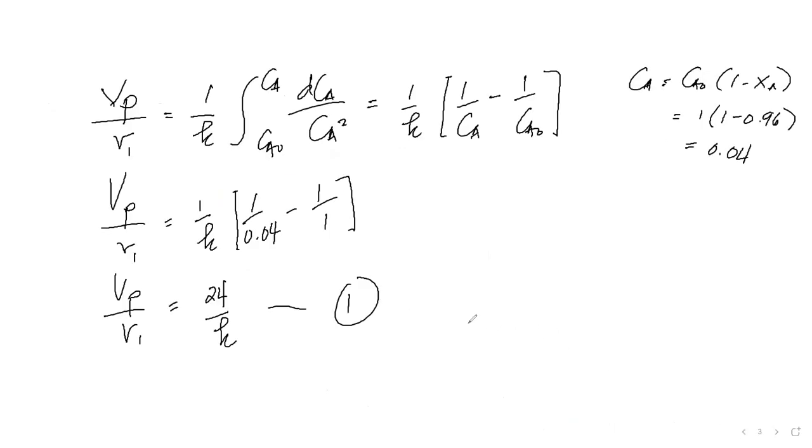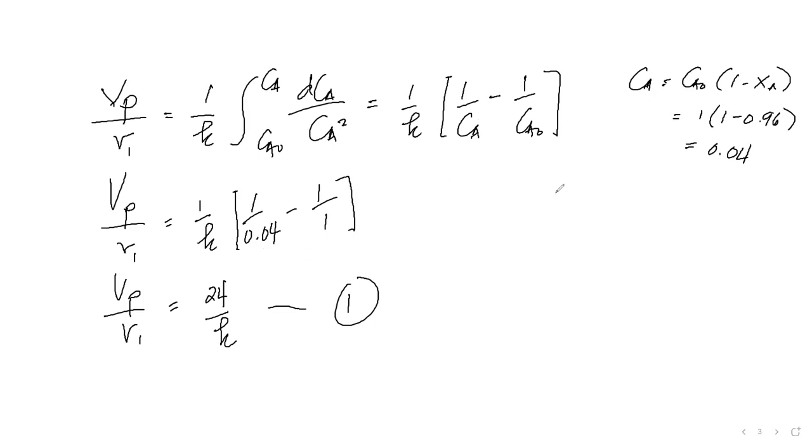This one, for your plug flow, your expression would be 24 over K because we did substitute already the value. So I need to write here a more generic equation from here that will not have these values reflected.